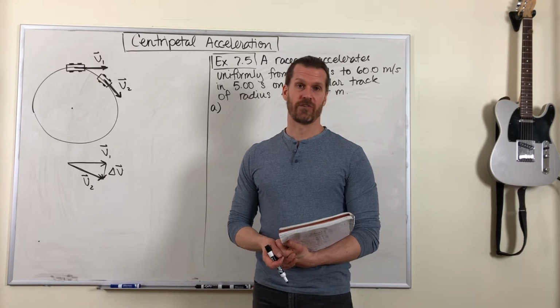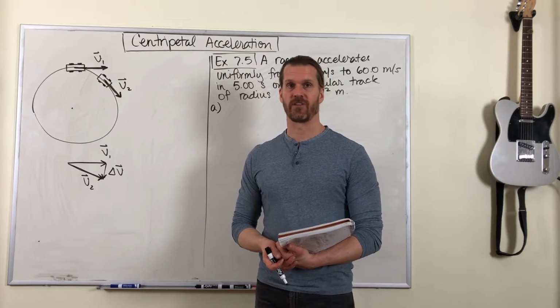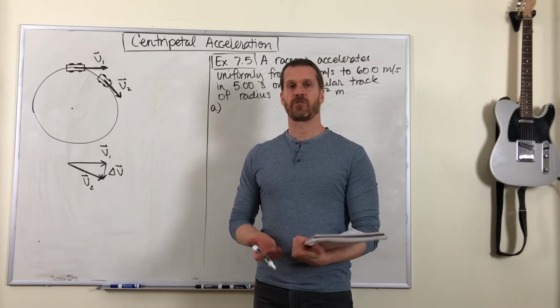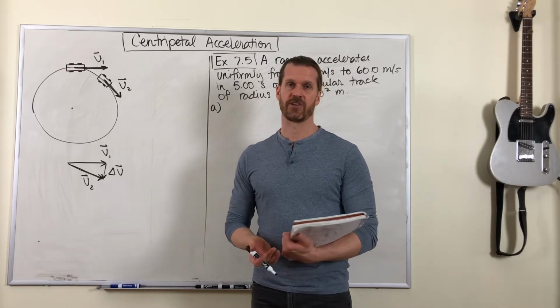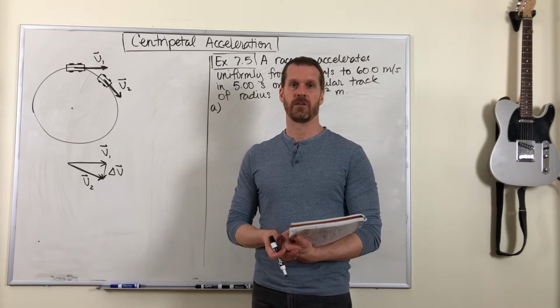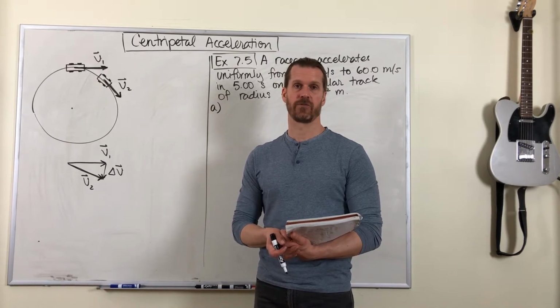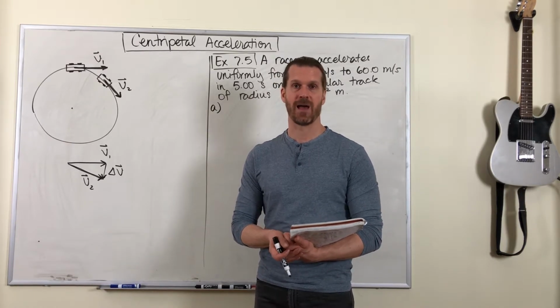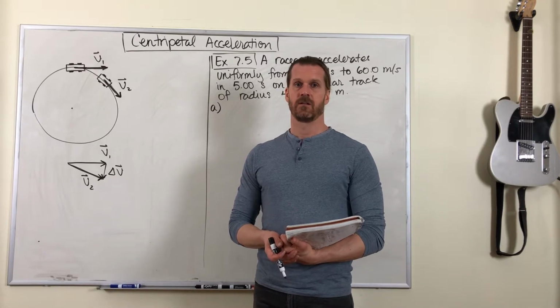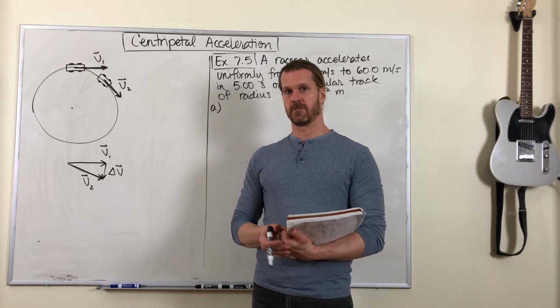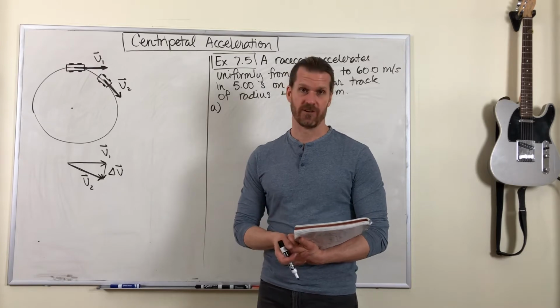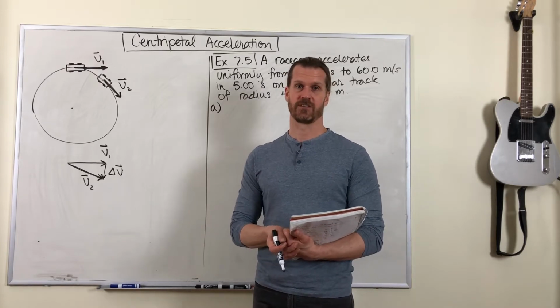In the previous video, we talked about tangential acceleration. Now, the interpretation of tangential acceleration is that it tells you how an object's speed changes as it goes around a curved or circular path. Now, a change of direction also constitutes an acceleration.